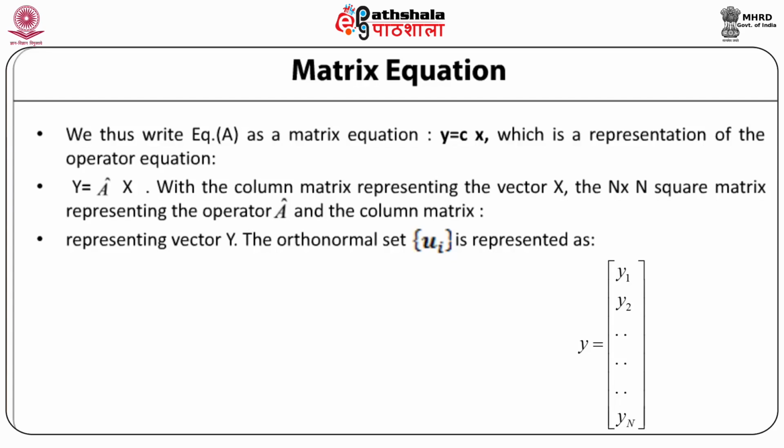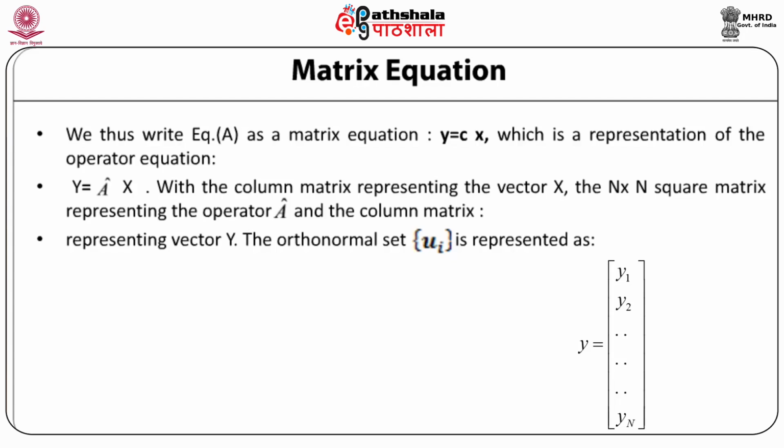So the vector y column matrix can be represented as y equal to the column matrix y1, y2, y3 and so on till yn, and the corresponding orthonormal set ui is represented as follows.